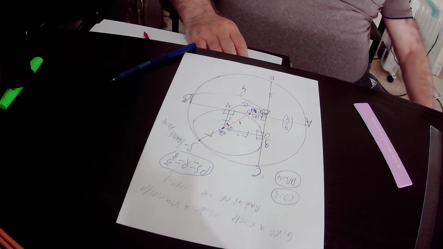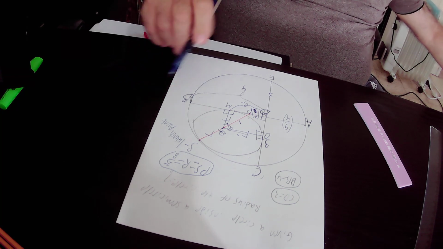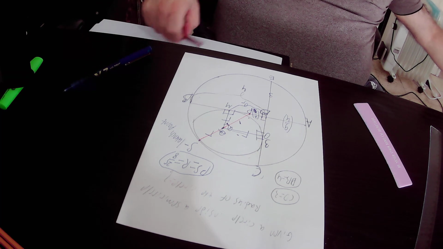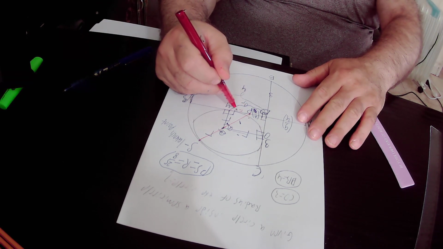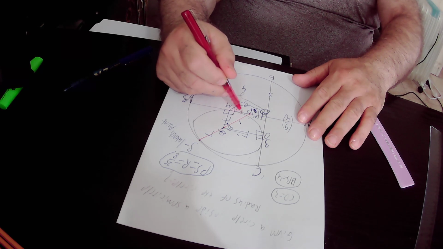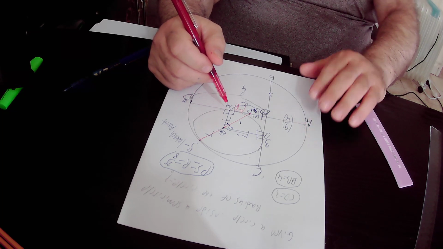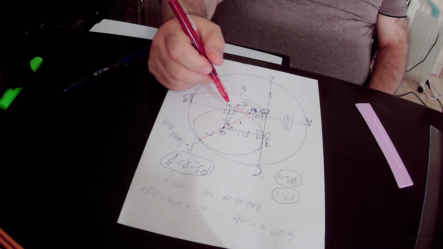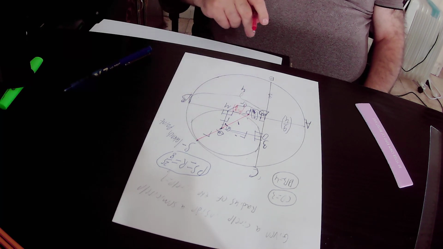And here we have already found out that PM equals R minus 7/8. So I write it down. QM equals R. And what is the length of line segment PQ?